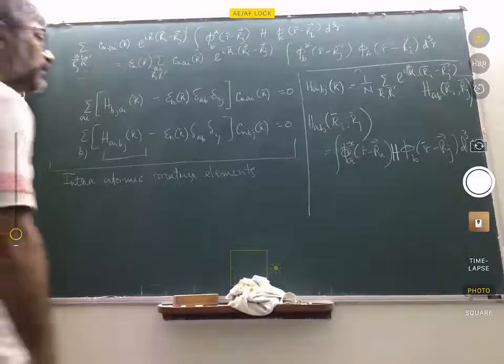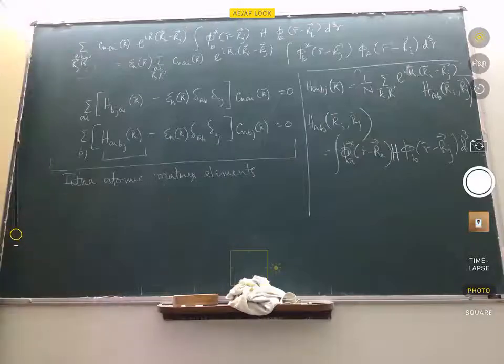The same atom, the orbitals could be different. If I have more than one orbital on the same atom in my basis, then A could be different from B, or A could be the same as B.